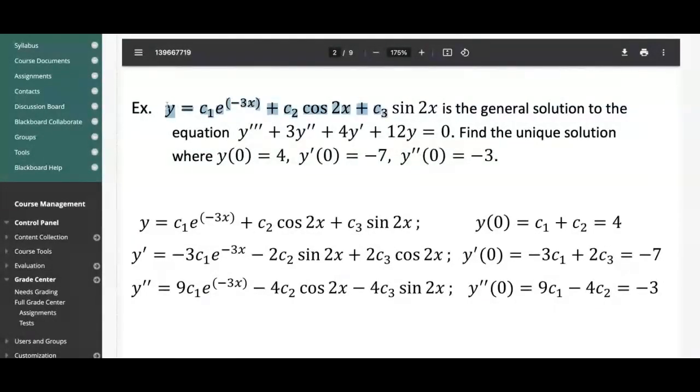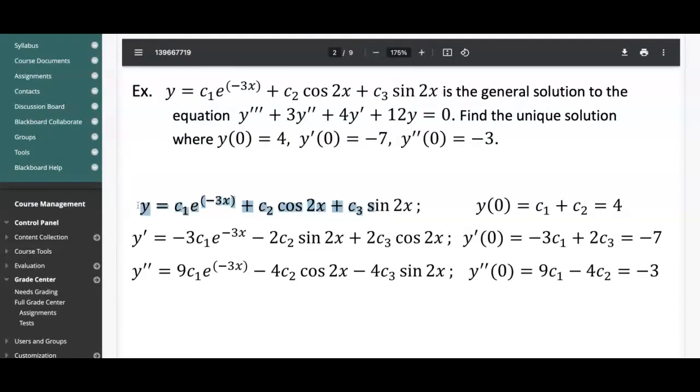So let's see, we have this general solution to this third level differential equation. We want to find a unique solution given these three initial conditions. You see, third level, we need three initial conditions.